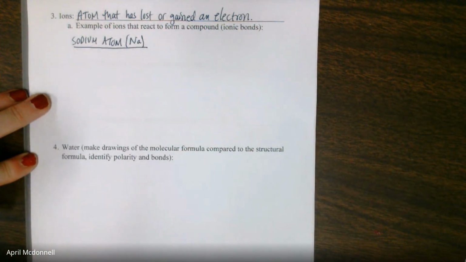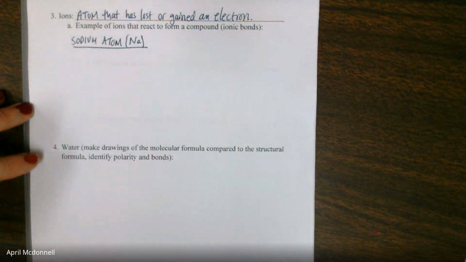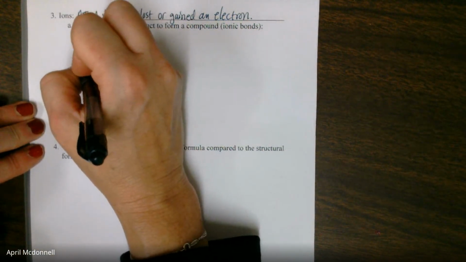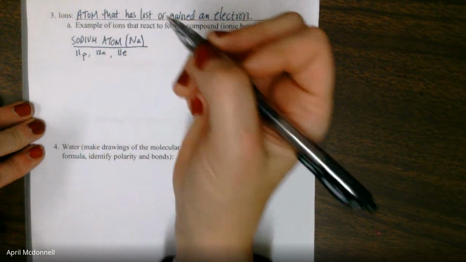Let's start with the sodium atom. The sodium atom has 11 protons, 12 neutrons, and 11 electrons.